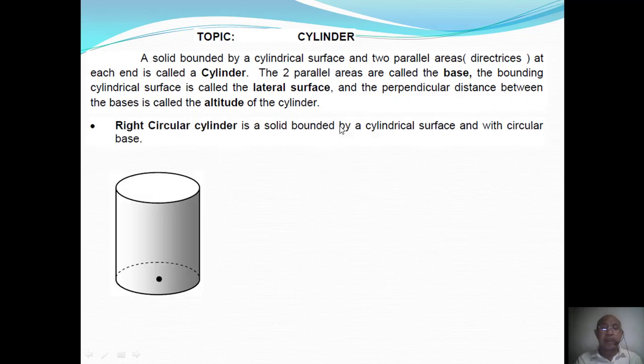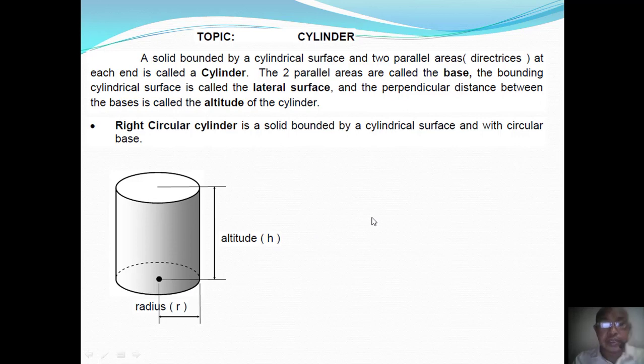So here I have a right circular cylinder. This is the cylindrical surface, the curved surface area. Then we have the bases which are circles, the two parallel surfaces. The distance between them is the height or altitude, and r is the radius of the circular base.